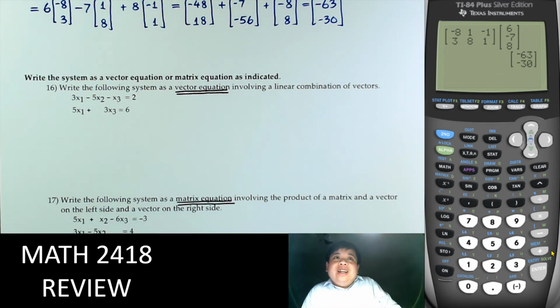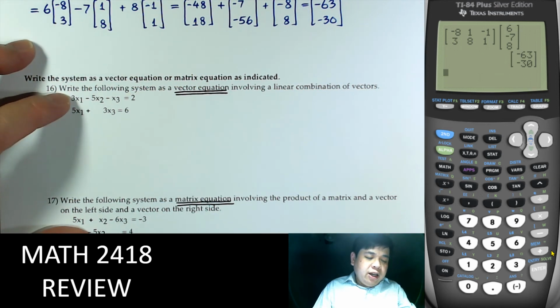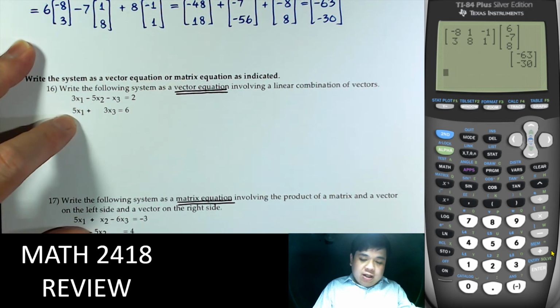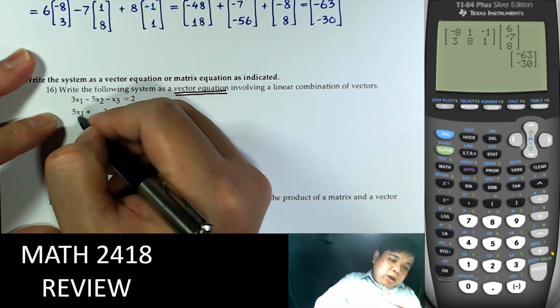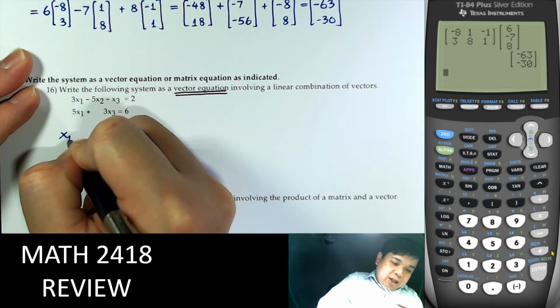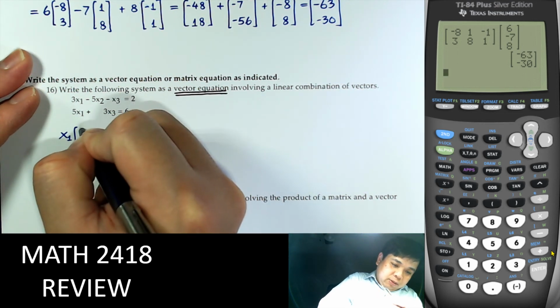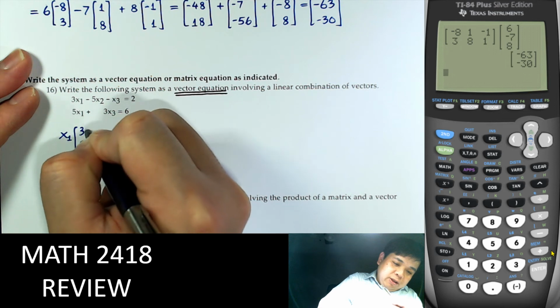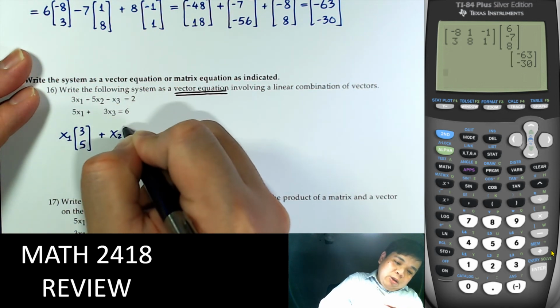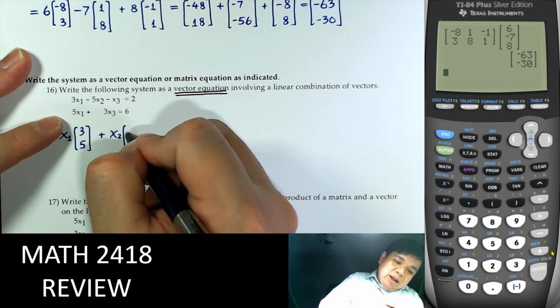First, we have the system of linear equations. So we have here x1 times 3 times 5. So we just write this as x1, 3, and 5. And then factor out x2. We have -5.